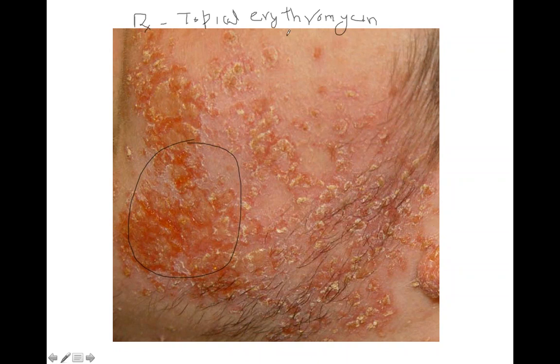Clear? So that is impetigo, honey colored crust. Clear?